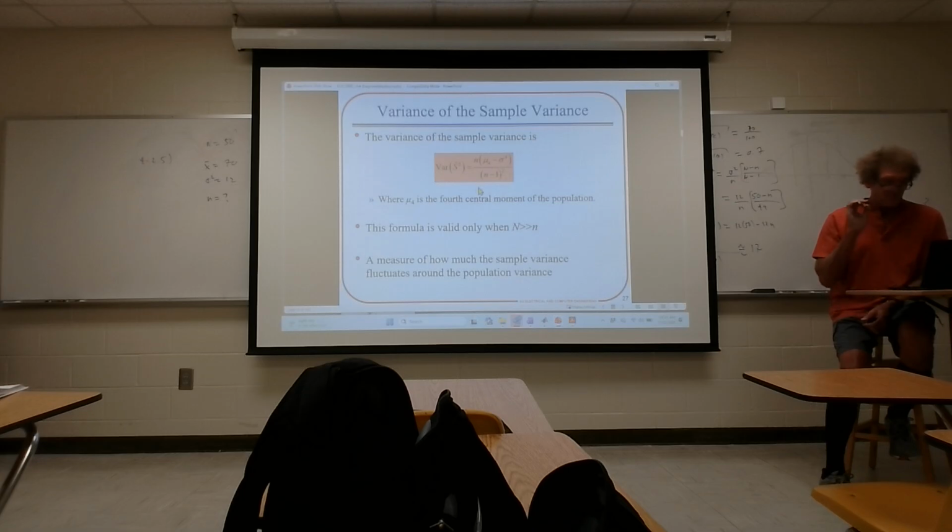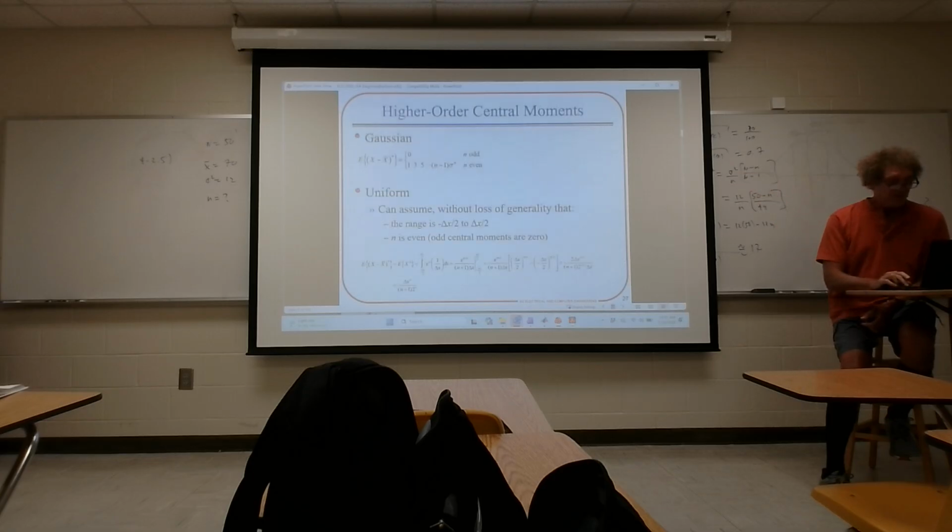Now, there are some very nice things about the fourth central moment when things are Gaussian. I don't know if you remember that. Remember, for Gaussian values, the odd central moments are always zero. Even central moments have the 1 times 3 times 5 times, it's really n minus 1 times sigma to the n. Do you remember those? You'll need to know that.